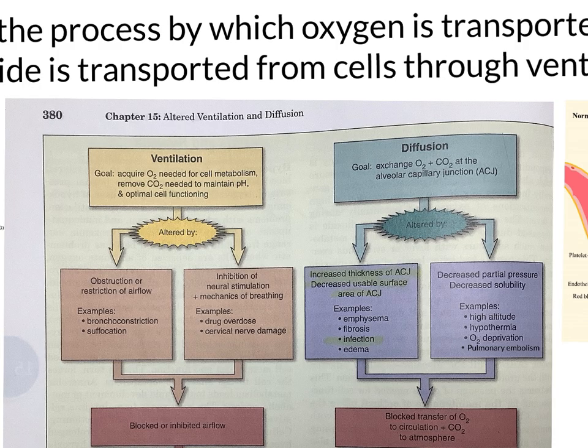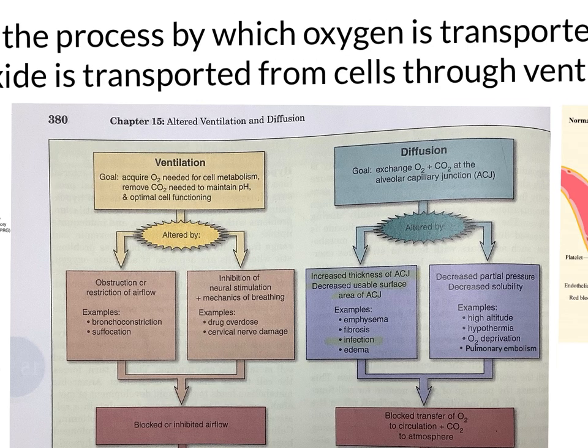So this picture is from your patho textbook for this class, for the reading for this concept for gas exchange. And I think it's really helpful. So we're going to spend some time talking through it and how it all pulls some things together.